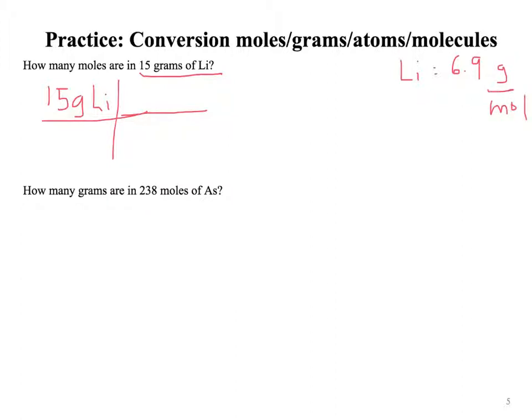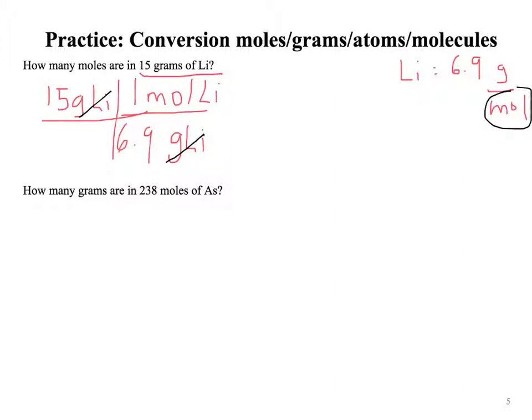So if I want to get to moles, if I want moles by itself, I need to put grams on the bottom. Grams of lithium on the bottom, so that my grams cancel out. Okay, this is dimensional analysis. So I know that there is 6.9 grams of lithium in 1 mole of lithium.